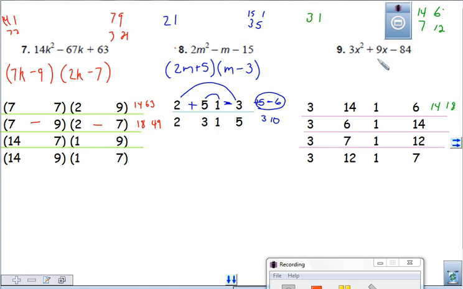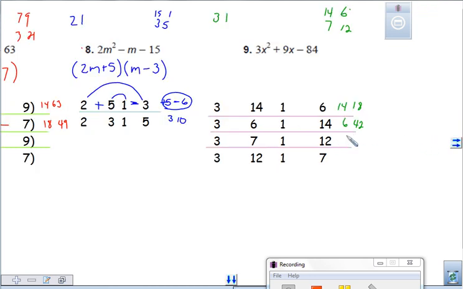We're looking for 9. So if I add or subtract these two green numbers, I do not get 9. The second pairs, I get 6 and I get 42. And again, that's not going to give me 9. And 7 and 36, not going to give me 9. 12 and 21, that's going to give me 9.